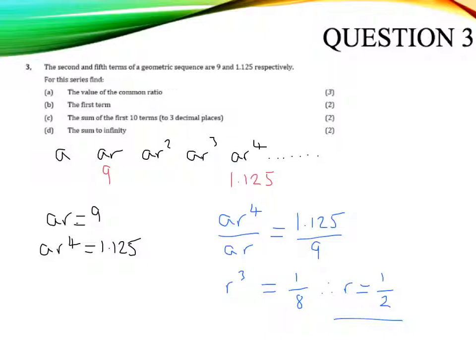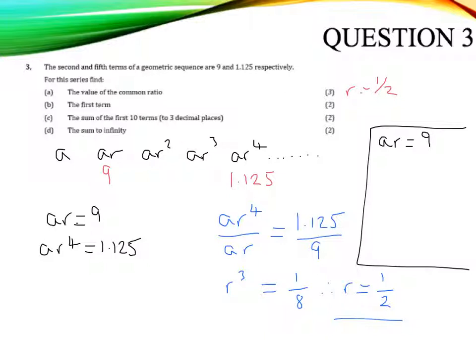So we've done the first part and we've said that R is a half. Can we work out the second part in the small space I've got left? I think so. There's only 2 marks, and we've got quite a lot of the information already. How would I get from 9 back to just A? This was AR. I want just A. Well, A times R was 9.